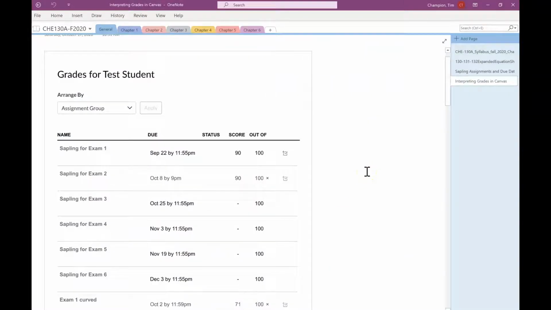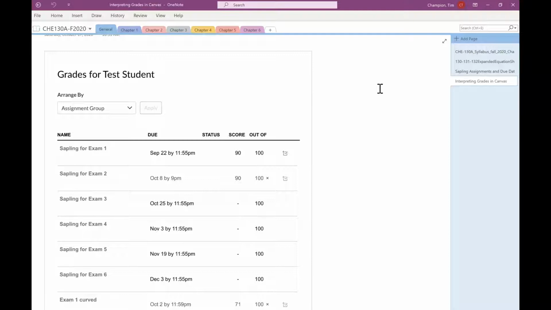And so here, this is our Chem 131 notebook. We're in the General tab, and I've got a page labeled Interpreting Grades in Canvas. So this is the same information as it gets printed from that Canvas page.